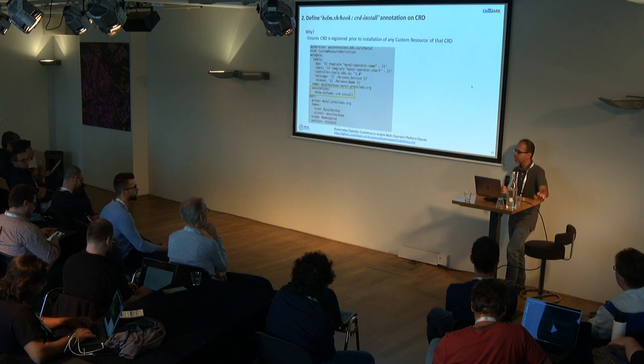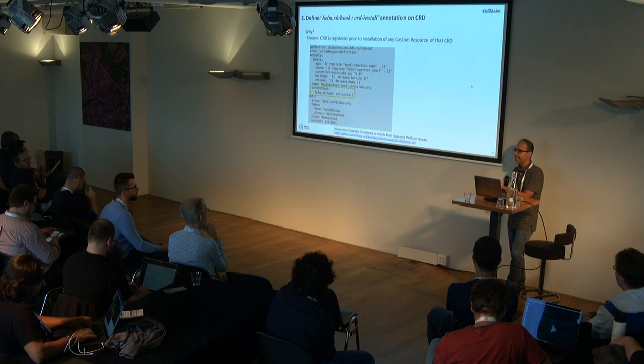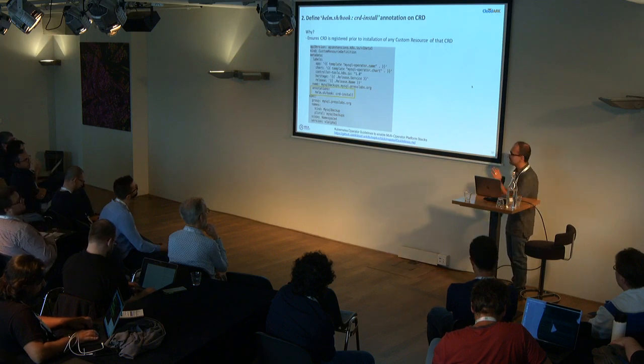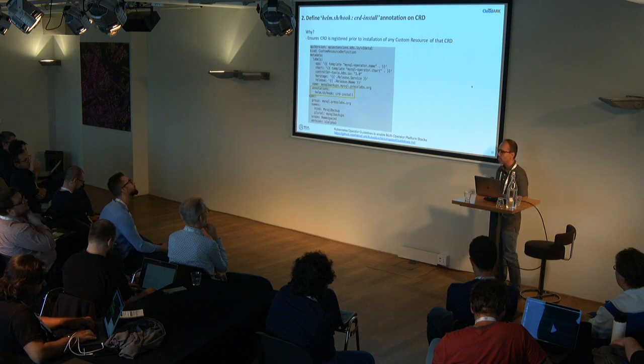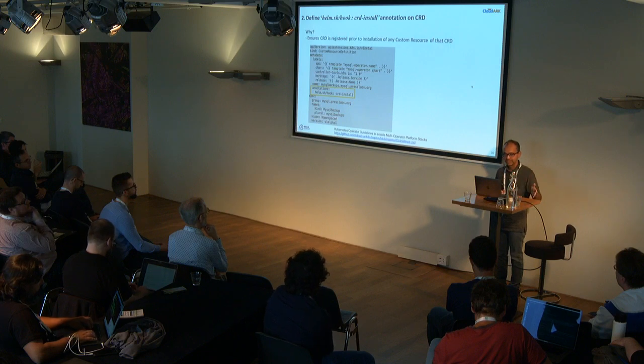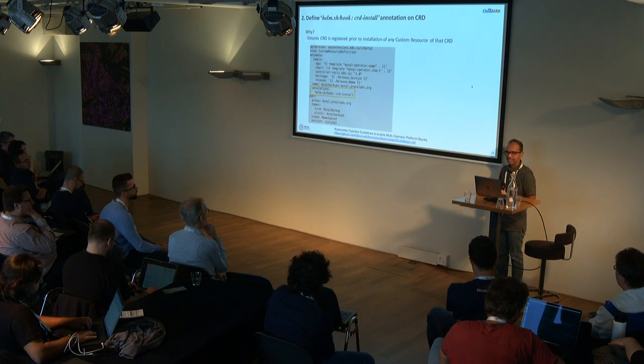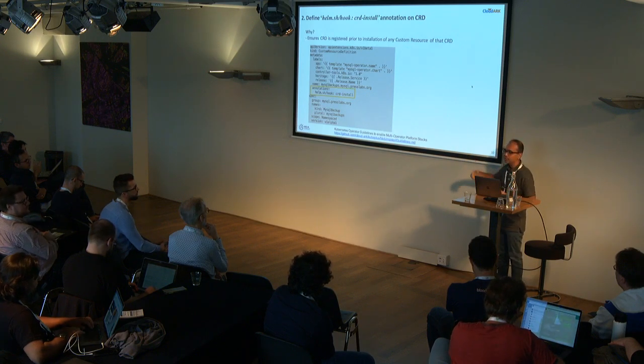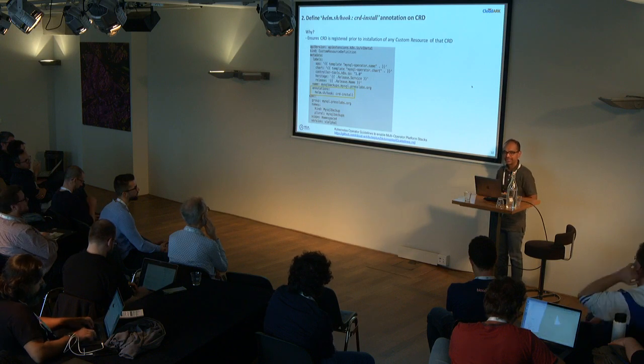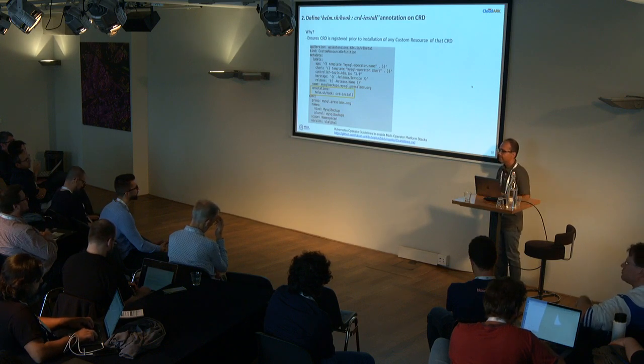So the question was, instead of having the hook defined like this, can you just have a separate Helm chart for just installing the custom resource definition? You could do that. You need to ensure that that Helm chart gets deployed first. Now the question is that ordering, are you going to ensure it from some outside means, or the hook helps you just avoid all of that. But yeah, you could do that.